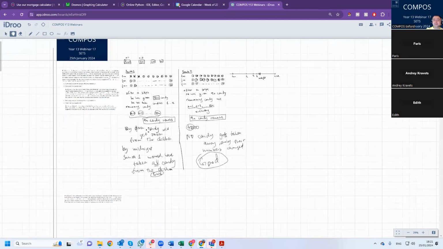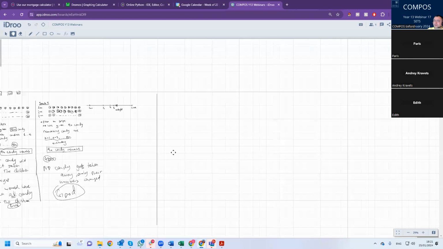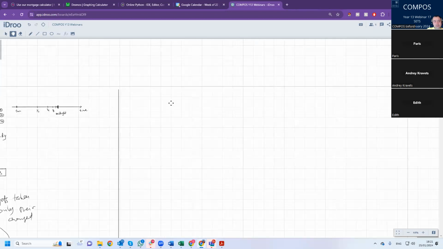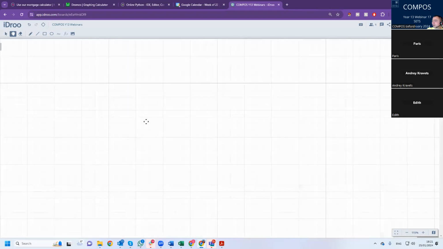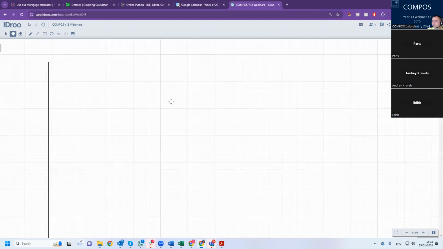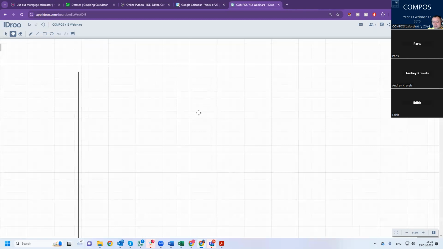and a somewhat similar approach was Zeno's. Have you heard of Zeno? So Zeno was a Greek philosopher who claimed that the fastest runner will never catch up with the slowest tortoise.